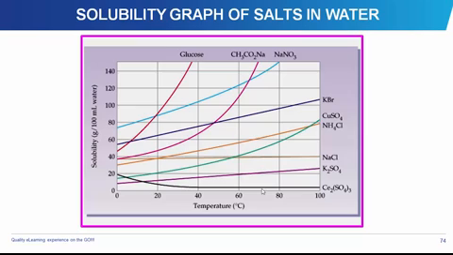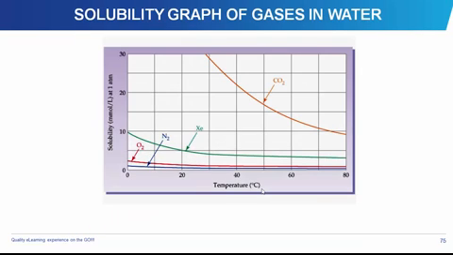Now, this shows the solubility of gases. If you observe, the solubility of gases is in the opposite direction. That's because gases are different from solids, and that's how their solubility curves come out.